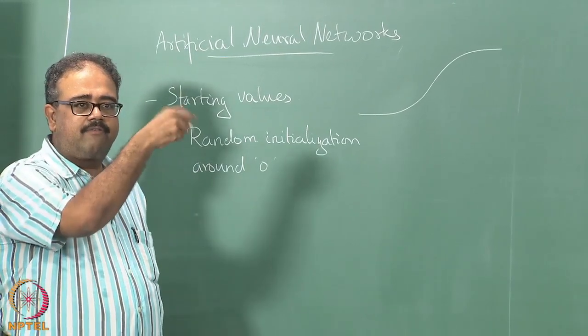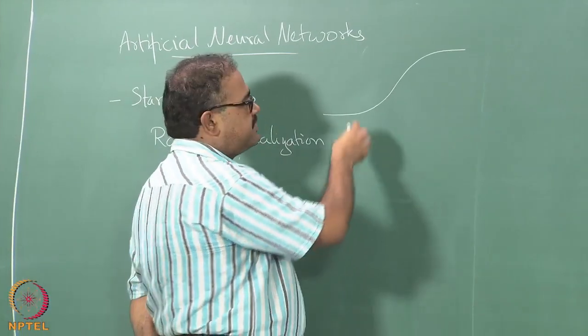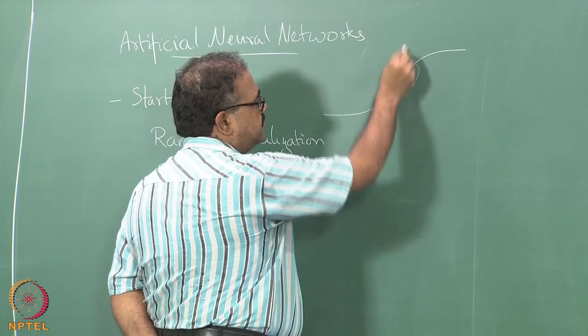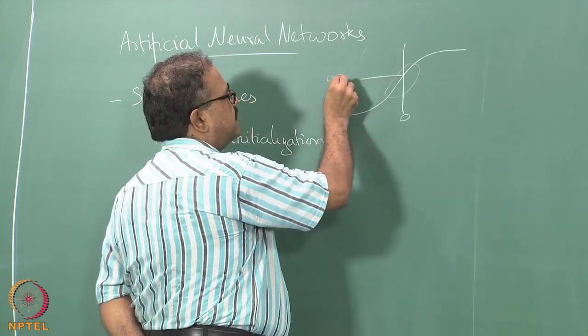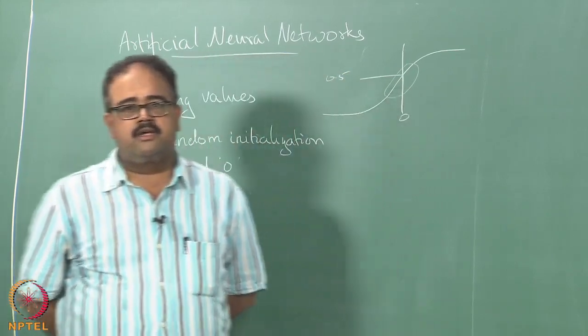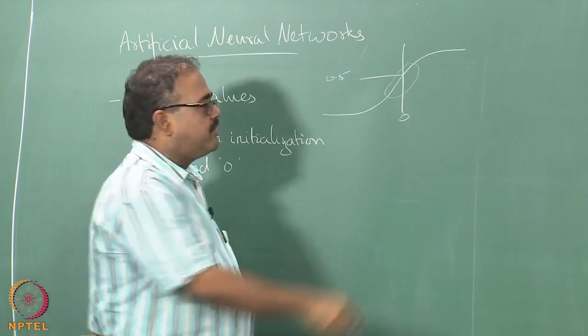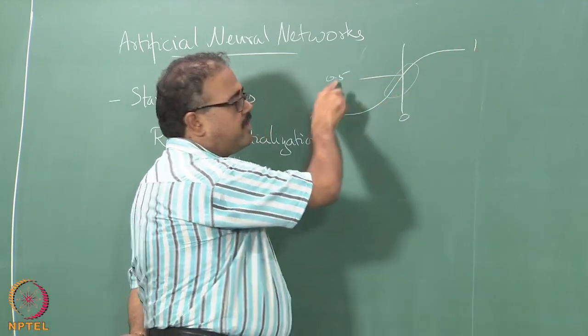Your alpha transpose x or your beta transpose z will lie somewhere in this region, because this is where 0 is. So this is 0.5 or 0 depending on whether you are using tanh or the sigmoid. If you are using the sigmoid, then around 0 you will have this 0.5.